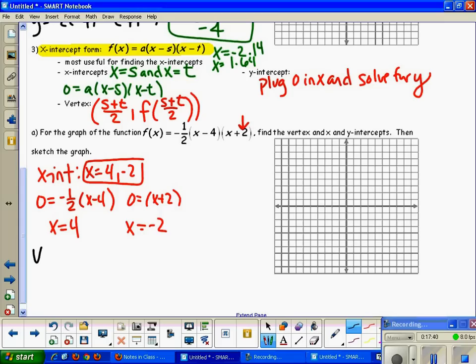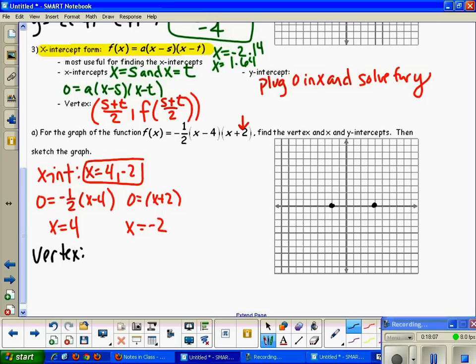Now I want to find my vertex. And I'm going to plot my x-intercepts. We have -2 and 4. So for these, remember that your vertex is in the middle of your graph, and it splits your graph in half. So if you have your x-intercepts, then how are you going to find the vertex? Well, it's going to be the average x-coordinate of the two x-intercepts that you found.